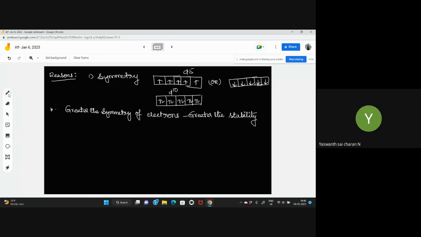The second reason is exchange energy. So for exchange energy, for example, I'm taking d5.